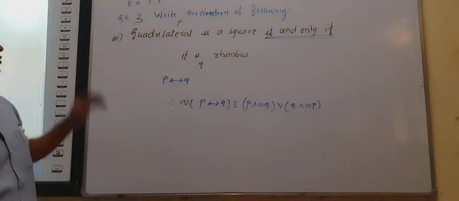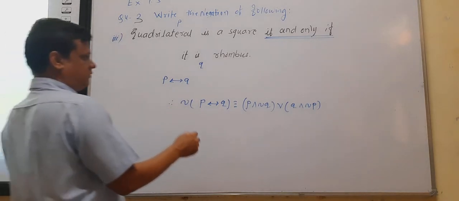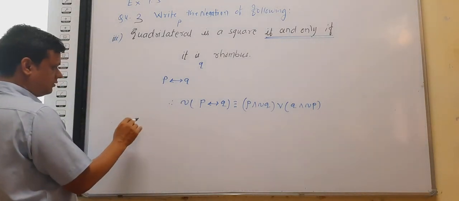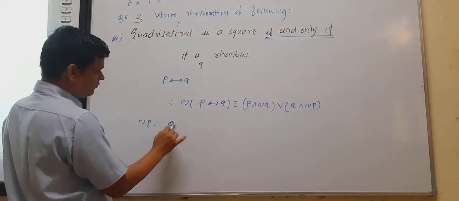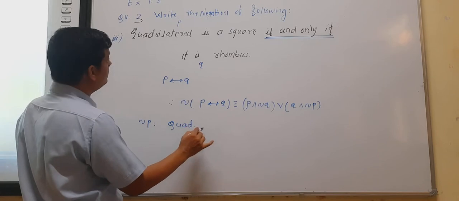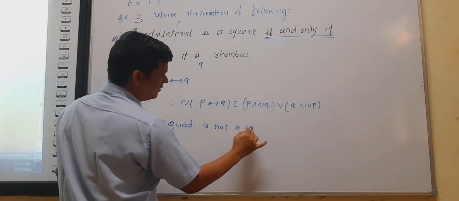That means we have to write the negation for the given statement first. So the negation of P: quadrilateral is not a square.